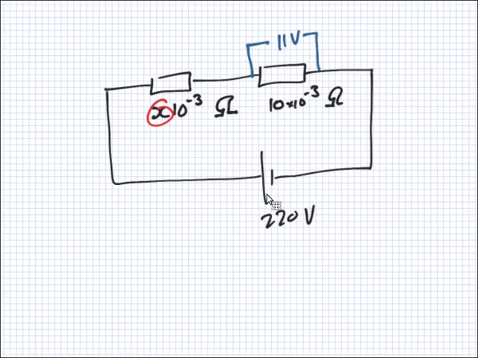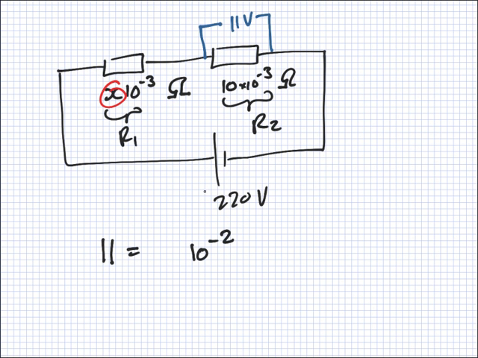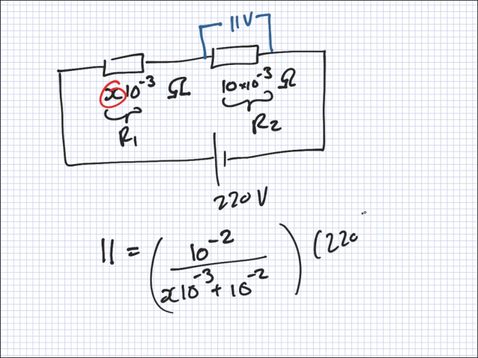So if I've done part 1, now find the X. If I use my formula, what's my formula say? V out equals R2, which is 10 to the minus 2. It's that one, that's R2. Over R1 plus R2 times 220. Okay, I can figure out what the X is from this, but I want to clean this fraction up.